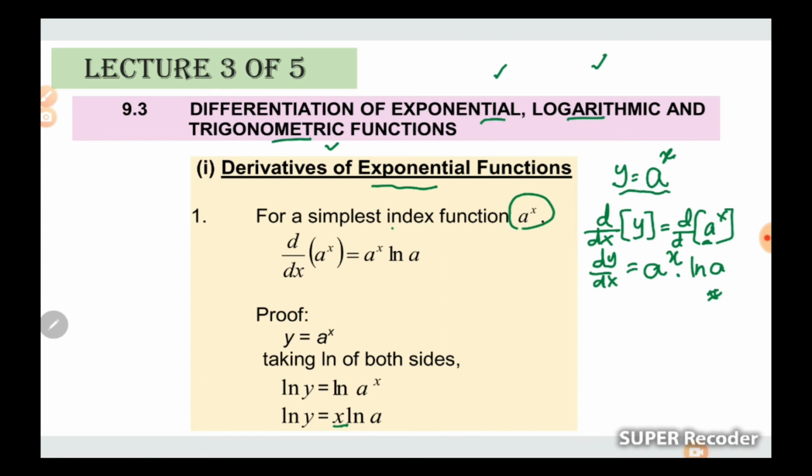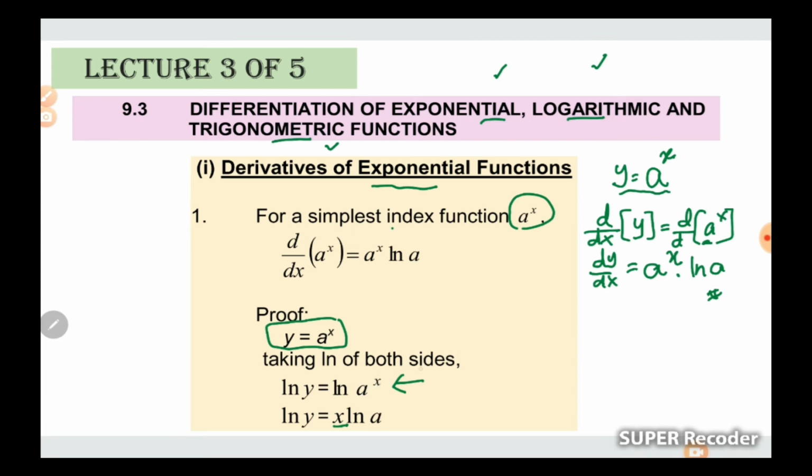So how to prove? Take a look at the proof here. If given y equals a^x, you need to take ln both sides of the equation. Then you will get ln y is equal to ln a to the power of x.